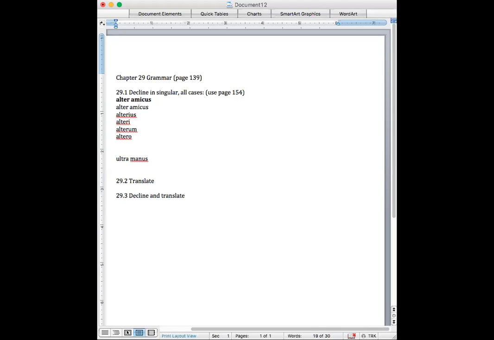Alterius, and then what would be the genitive singular for amicus? Amici, because remember that amicus is second declension. The dative alteri would be amico. The accusative alterum amicum. And the ablative singular, amico.